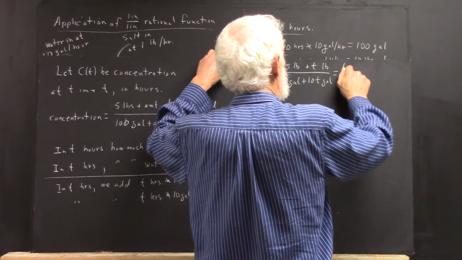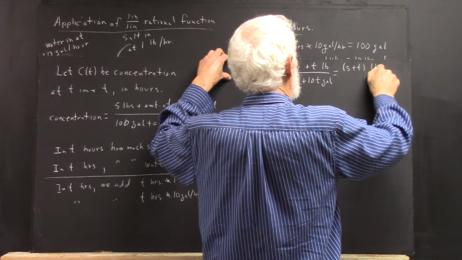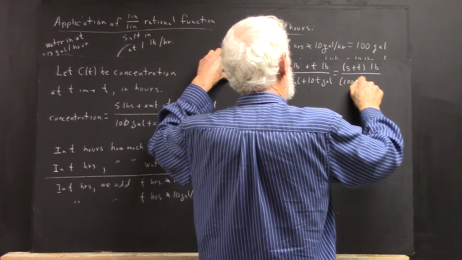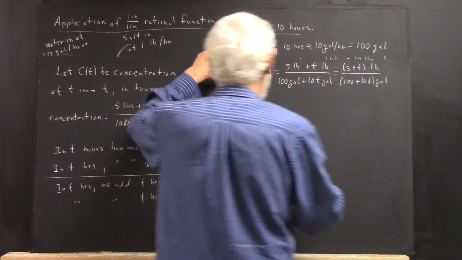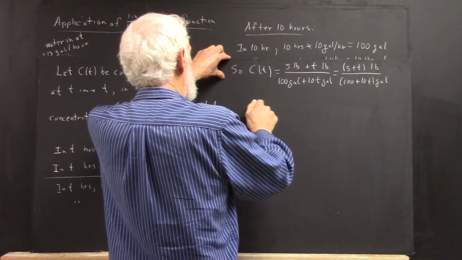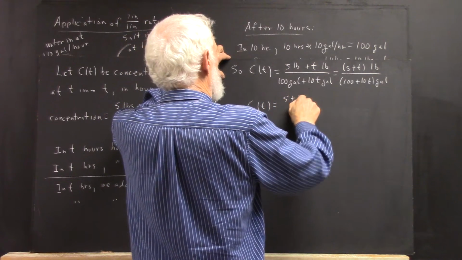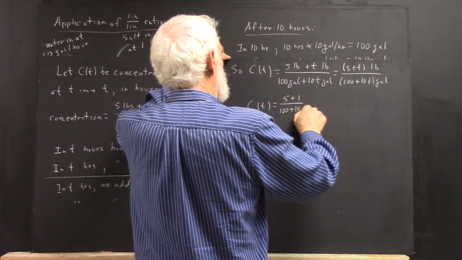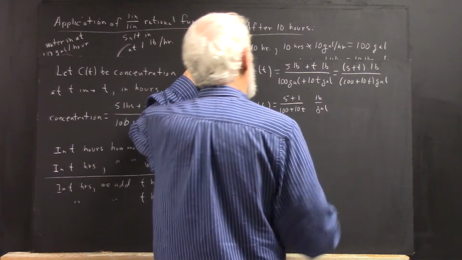That's 5 plus T pounds divided by 100 plus 10 T gallons. So C of T equals 5 plus T over 100 plus 10 T pounds per gallon.